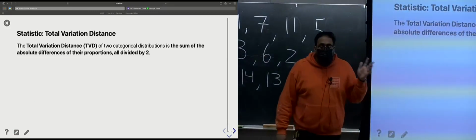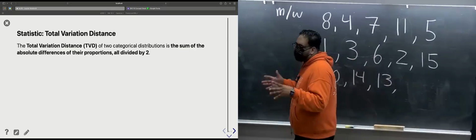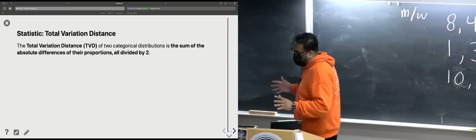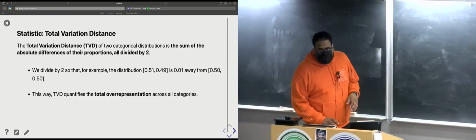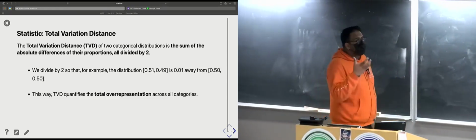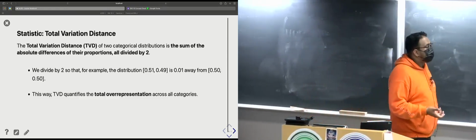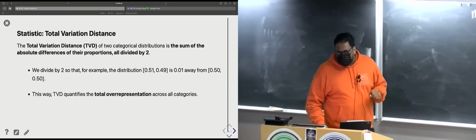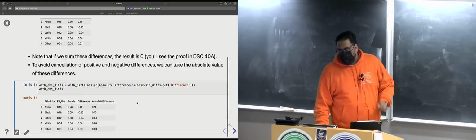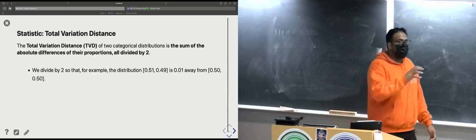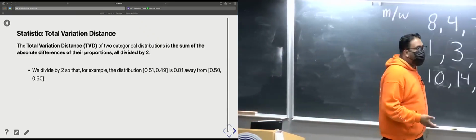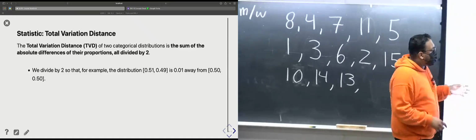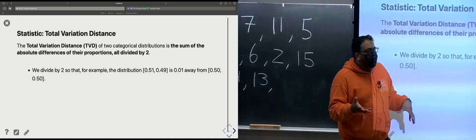It measures how different two categorical distributions are, how far apart they are. It is computed by taking the sum of the absolute differences in proportions and dividing that all by 2. We divide by 2 instead of just adding them so that, for instance, the distribution 0.51, 0.49 has a distance from 50-50 of only 0.01 instead of 0.02.